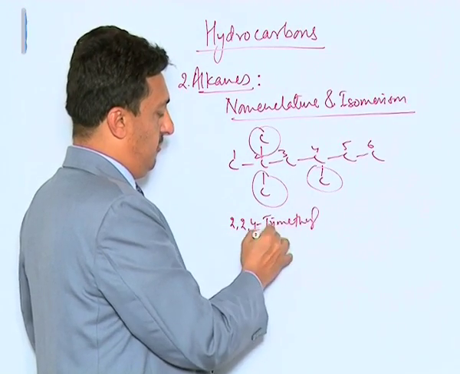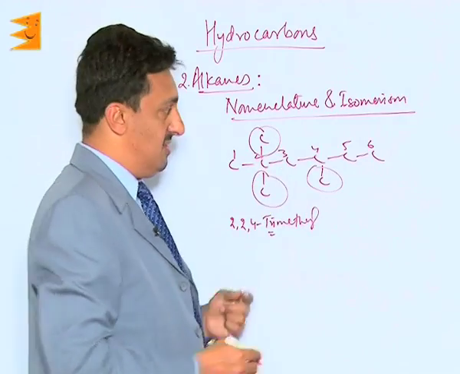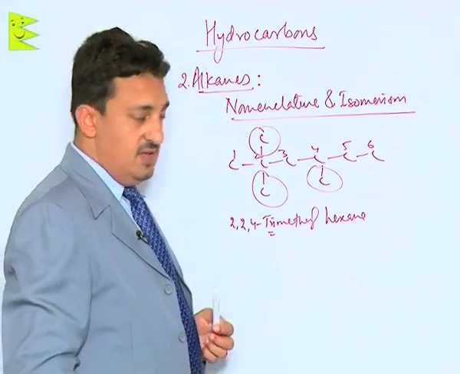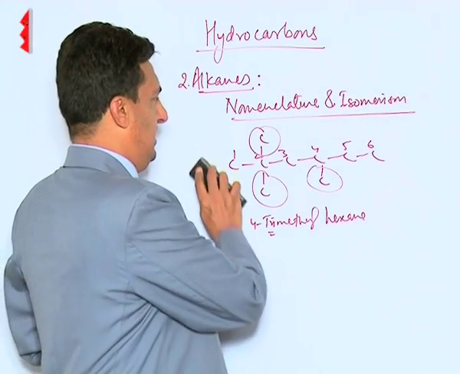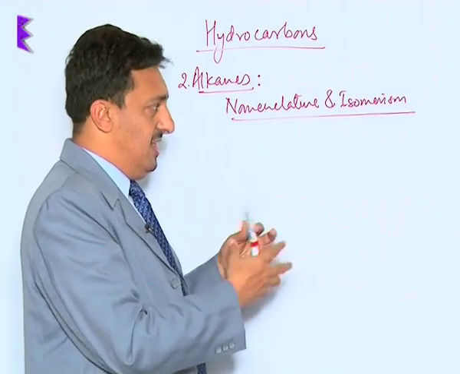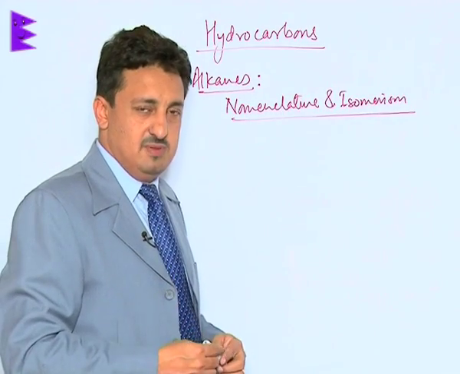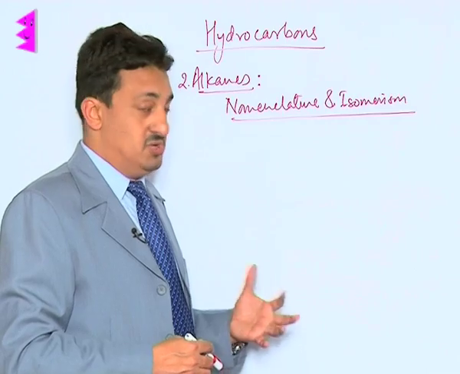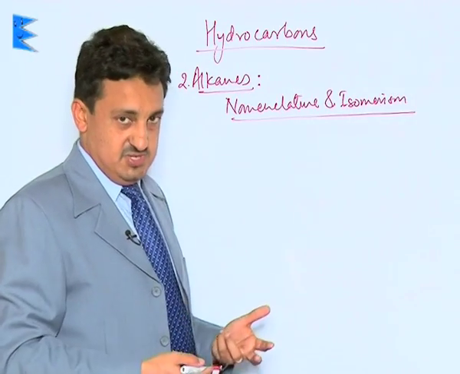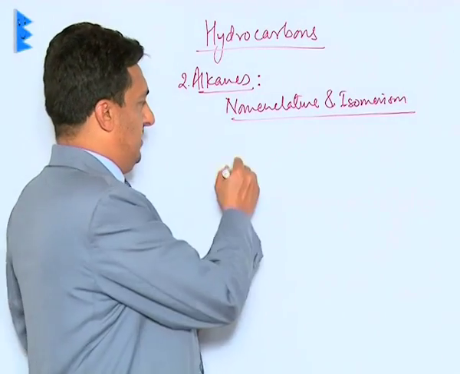We'll put the word tri to indicate there are 3 such methyl groups, and then we will write hexane. So this is how we name the alkanes, because we can't have many typical variations in this, because they are simple hydrocarbons. They have all single bonds, and there can't be any other group except these side branches in these alkanes.